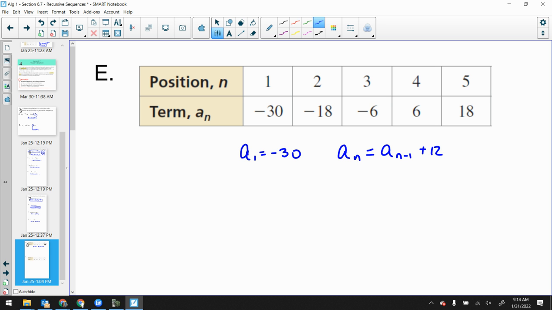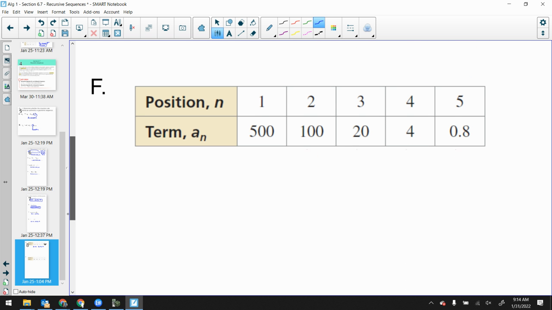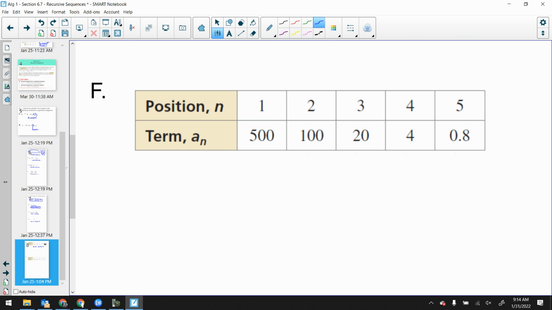Questions about that? And then we do the next one here. Now, be careful. I know a sub 1 is 500. That's always standard, whether it's arithmetic or geometric. And we've got to say a sub 1, a sub n is equal to. Okay, what's happening here?